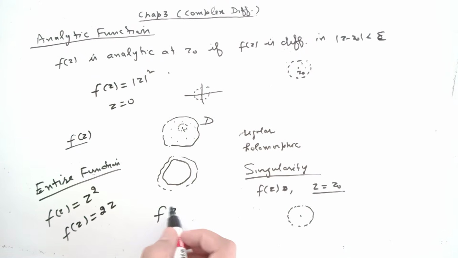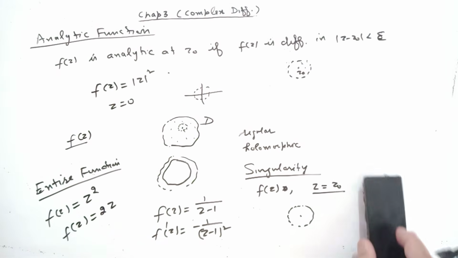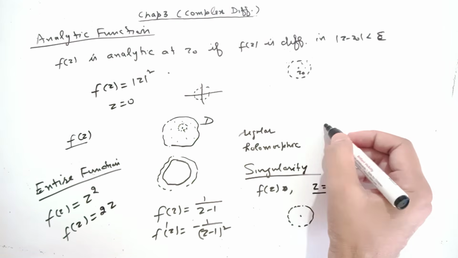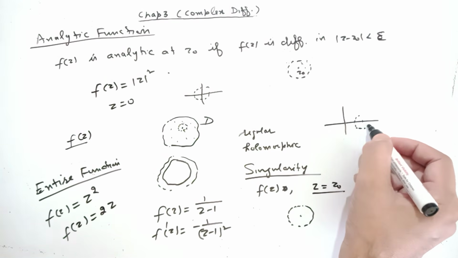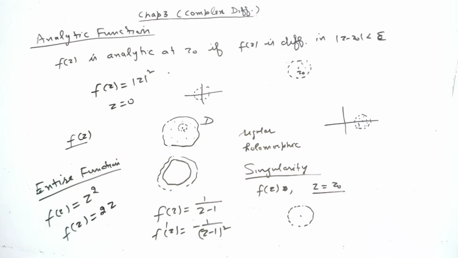See this example, f(z) equal to 1 over (z minus 1). So you know its derivative exists at every point except which point? z equal to 1. So z equal to 1 is clearly a singularity. Also, for z equal to 1 you can construct a neighborhood in which there is no other singularity.